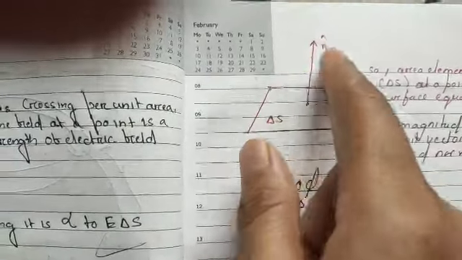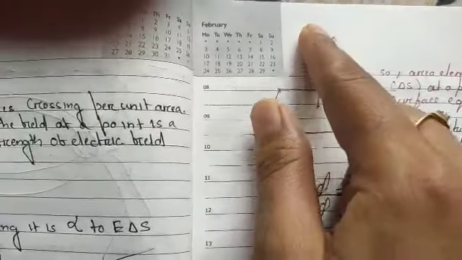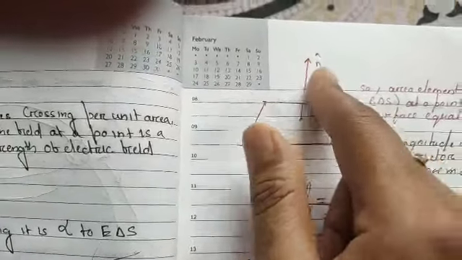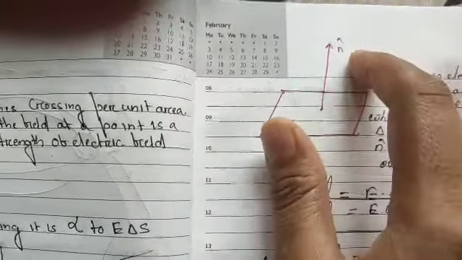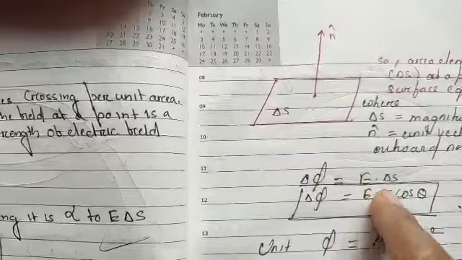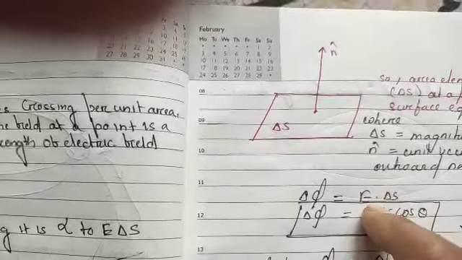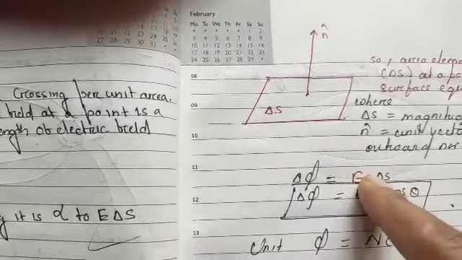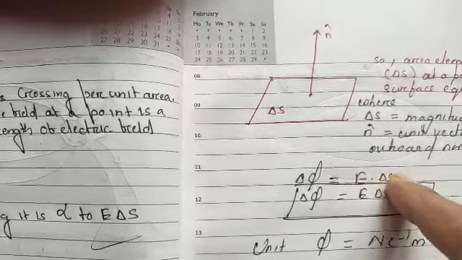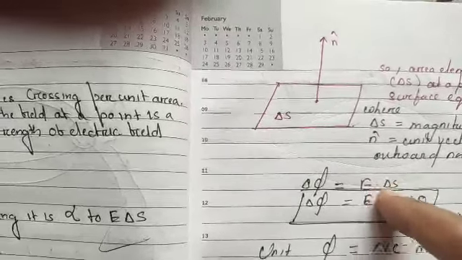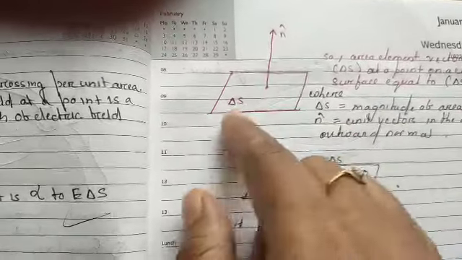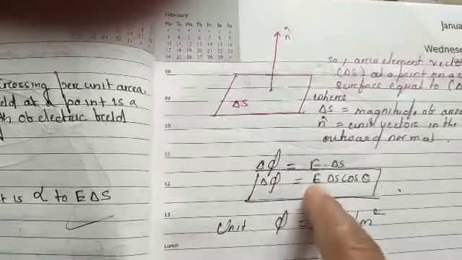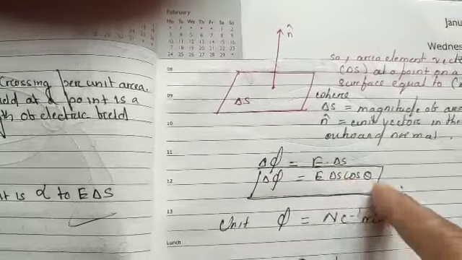Now your fingers point toward you, meaning it is perpendicular to the surface. So the perpendicular to the surface always tells you the direction. This is what we are taking as the flux direction, and here we are omitting n cap, the unit vector, taking it as 1, but you can also write E dot dS n cap for the surface, because it is the symbol for the direction normal to the surface. So the formula is delta phi equals E delta S cos theta.